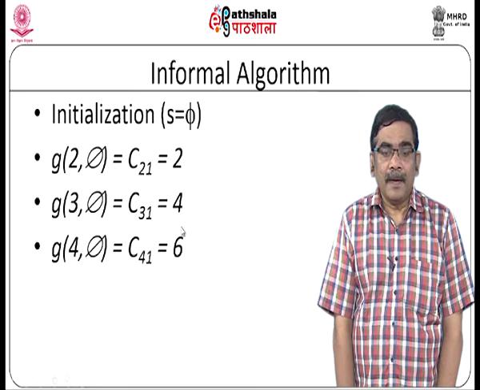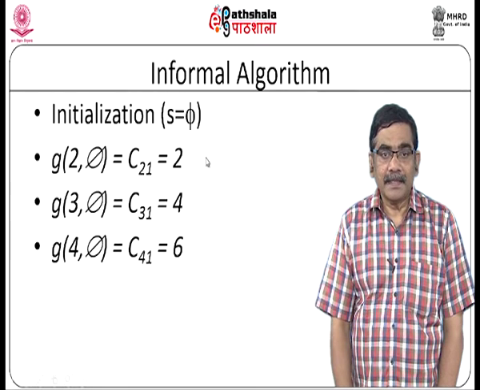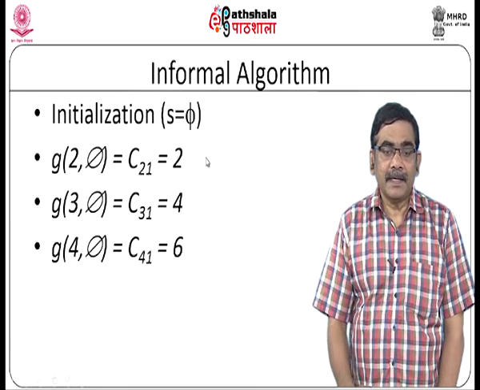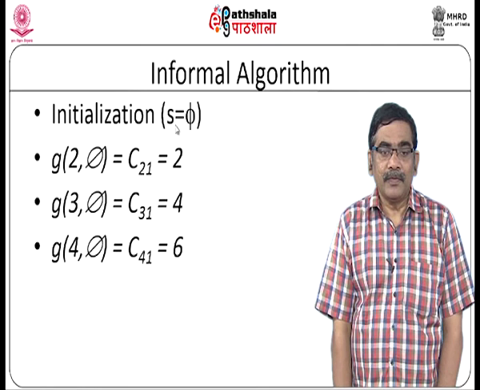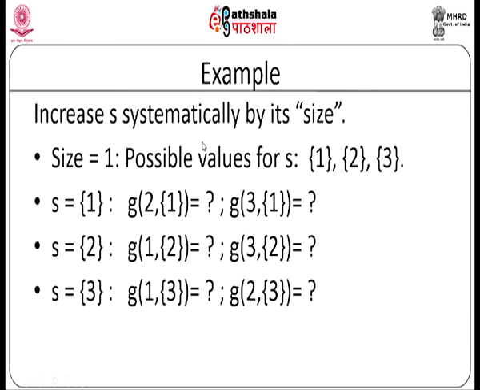Now what is the next step? The next step is we have to increase the size of S. If we increment the size of S by 1, then the possibilities become more. Suppose the size is increased, then the possible values are 1 to 3.